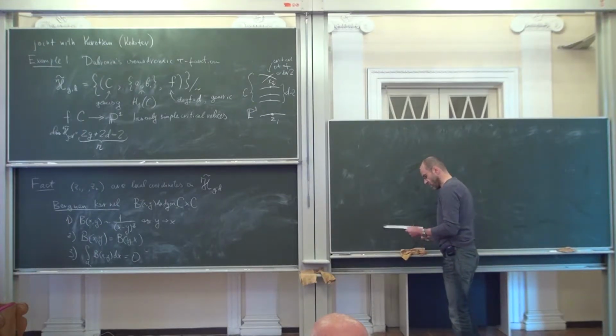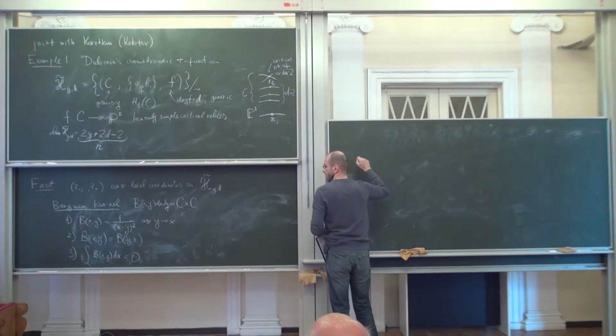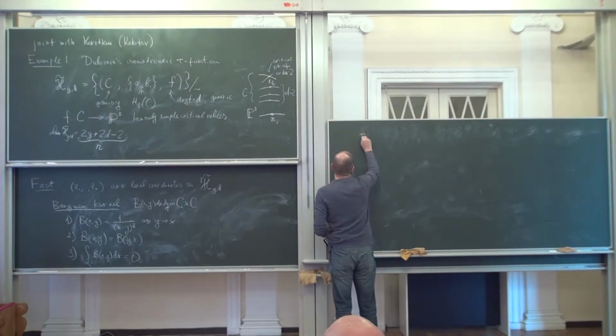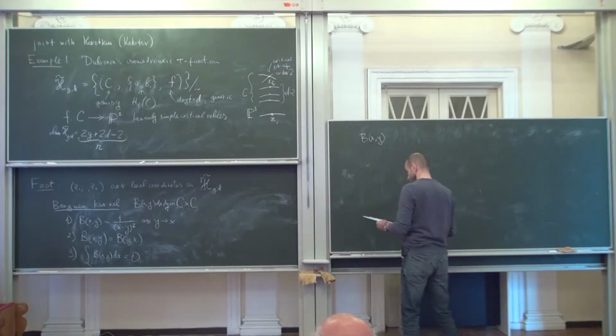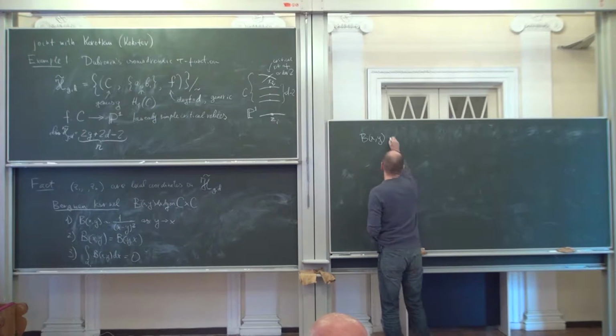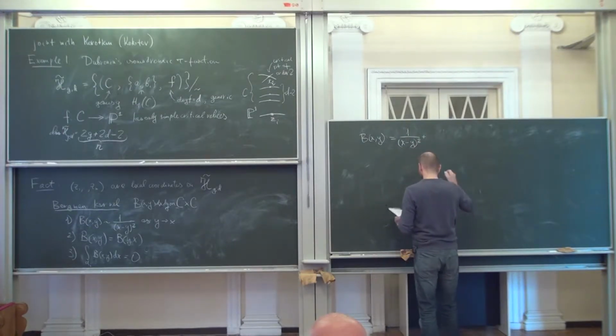Okay, so let's now look at the asymptotic expansion of this kernel near the diagonal in the product. We know that the first term is 1 over (x minus y) squared. Then we have something regular.